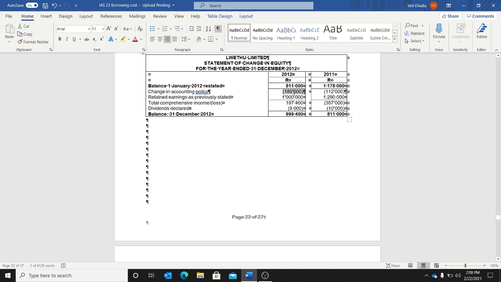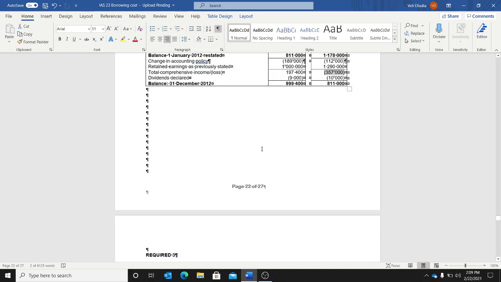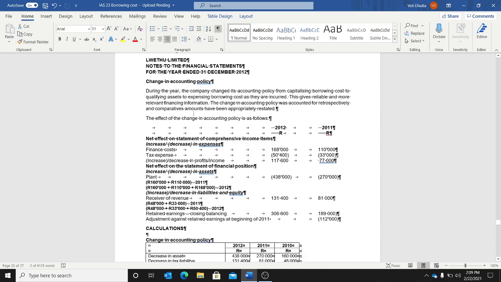So in the block, you can minus the two, they will give you this one. And even on the other side, you can do the same. The figures that you are reading from here come from here after having adjusted. And this one is here. Then you've got your dividends below there. Now you need to deal with this situation.